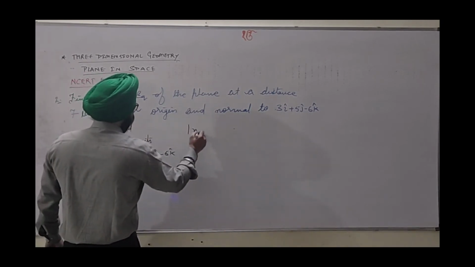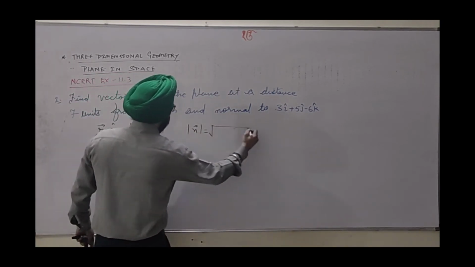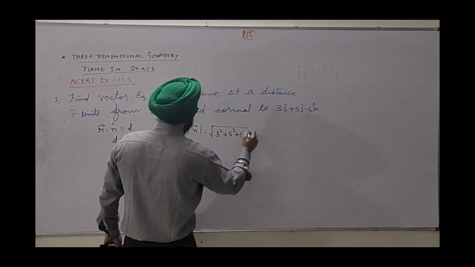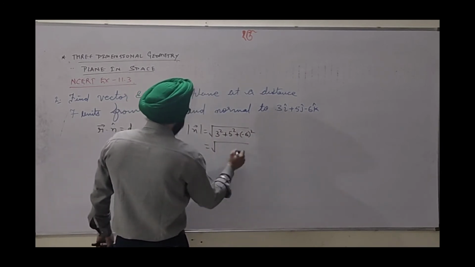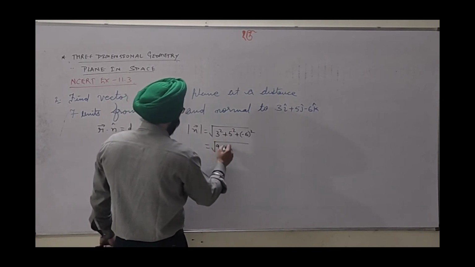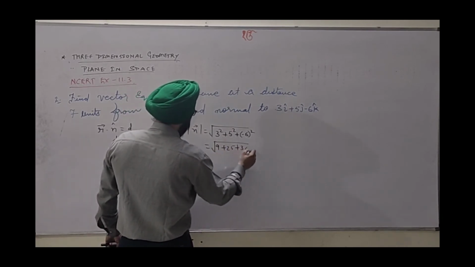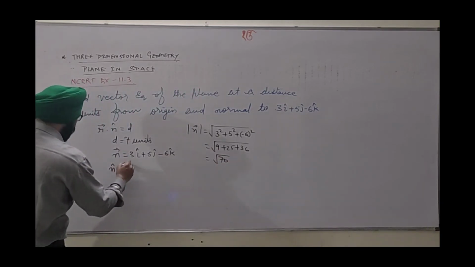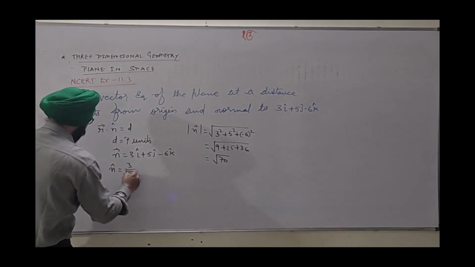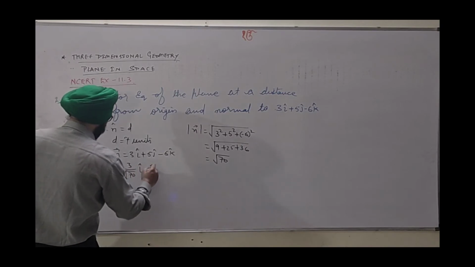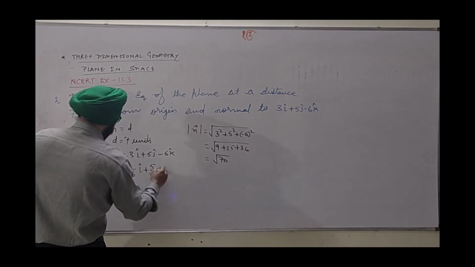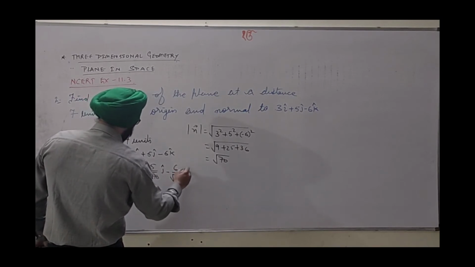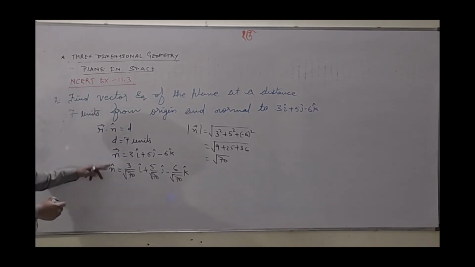So its magnitude is under root 3 square plus 5 square plus minus 6 square, getting to be 9, 25, 36, it's root 70. Now divide each by root 70, we get 3 by root 70 i plus 5 by root 70 j minus 6 by root 70 k. This can be used as n cap.